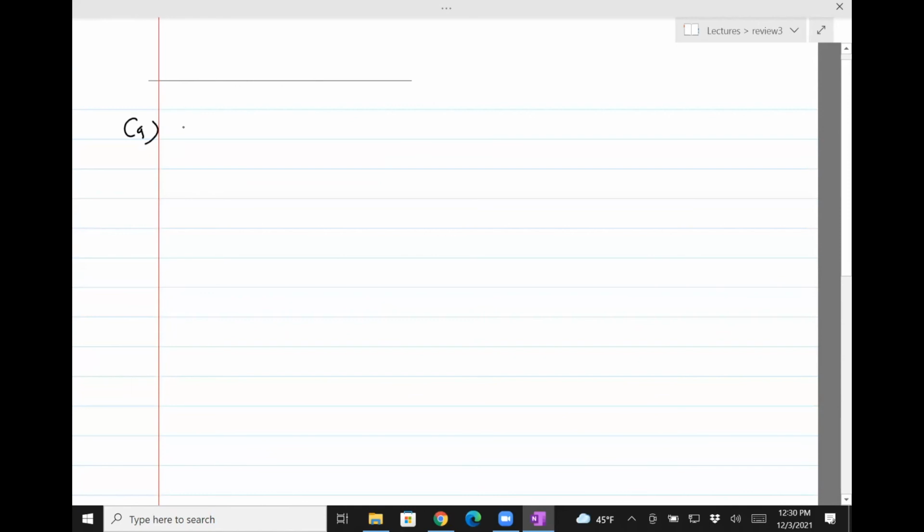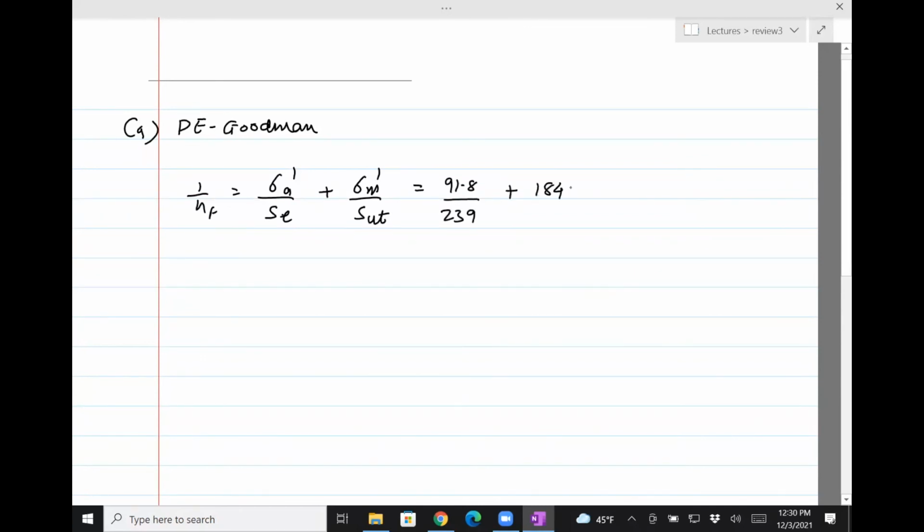Part A asks us to find the factor of safety using the Goodman equation, which is 1 divided by NF equals sigma A prime over S E plus sigma M prime over S U T. So 91.8 over 239 plus, I'm just plugging in the values which I computed, 0.6454. So NF would be 1.55.